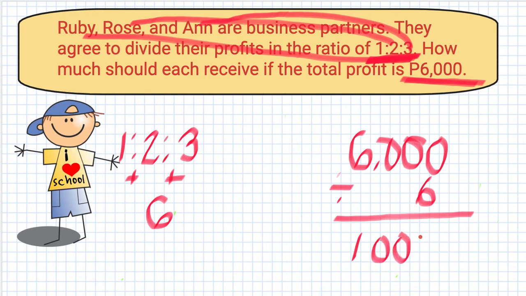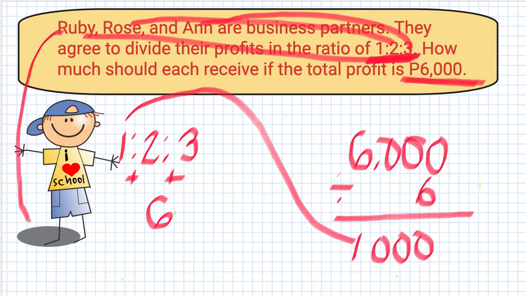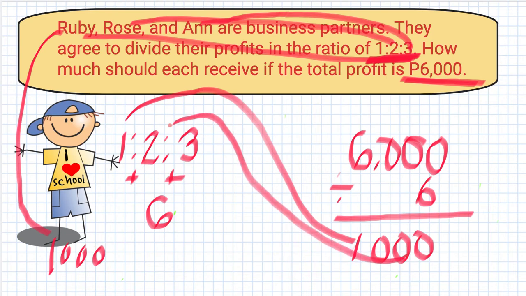Then, whatever the quotient, you multiply that by each number in the ratio. For Ruby, that is 1,000 times 1, so Ruby will have 1,000. Share 2 is for Rose, so 1,000 times 2, Rose will receive 2,000.